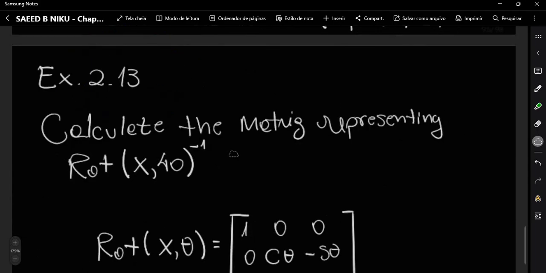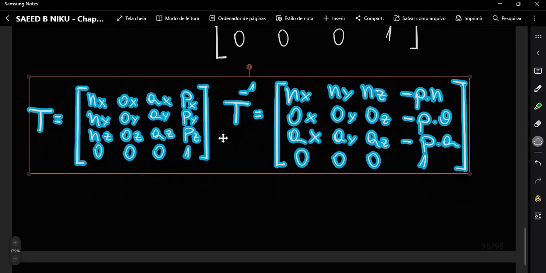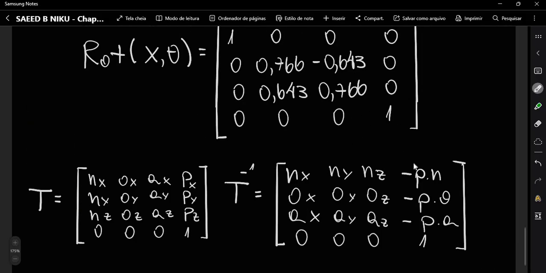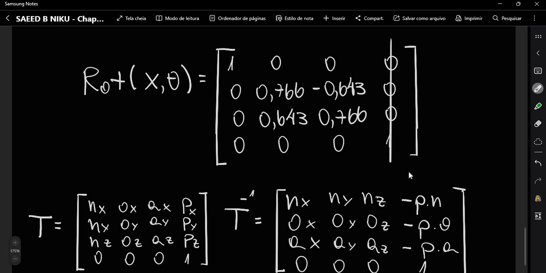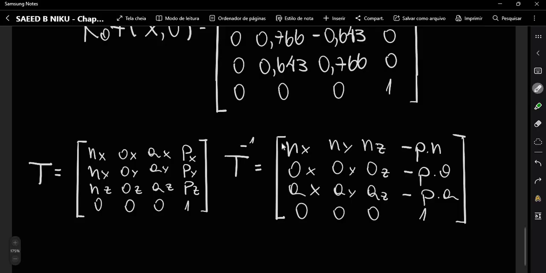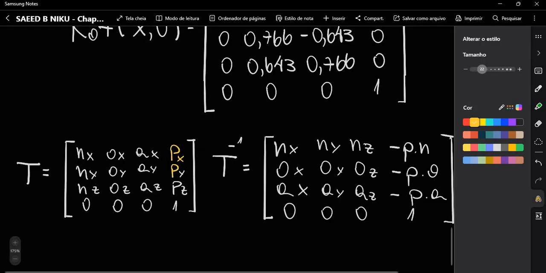Because if we calculate the scalar product of the vector p with each one of these unitary vectors, the scalar product will result in 0, as these are the coordinates of the vector.